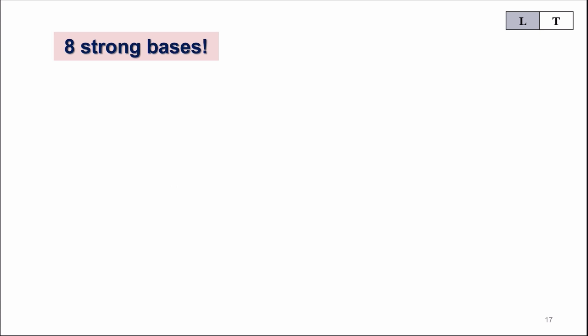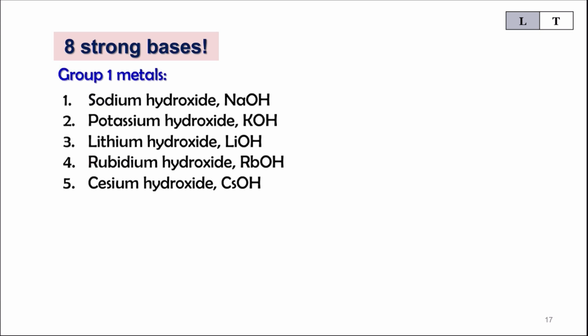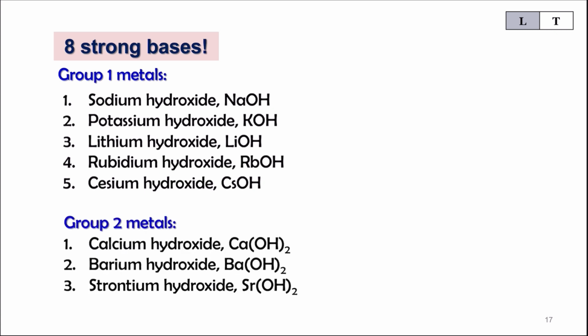The first one based on group 1 metals iaitu these 5. So awak ada 5 kat sini. Dan dia juga based on group 2 metals, awak ada 3. So ini 8 strong bases awak kena tahu. Lepas ni awak akan kena introduce how to do the calculation based on strong acid and strong base. So that is why it is very important for you to understand this.